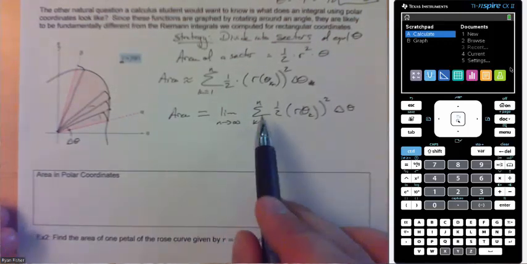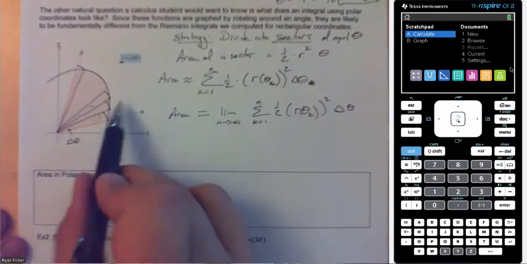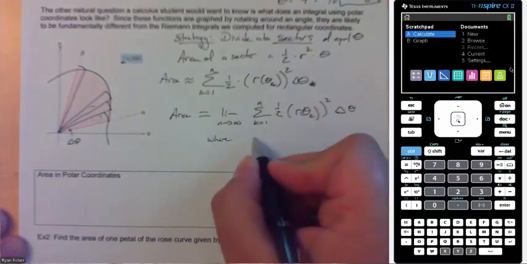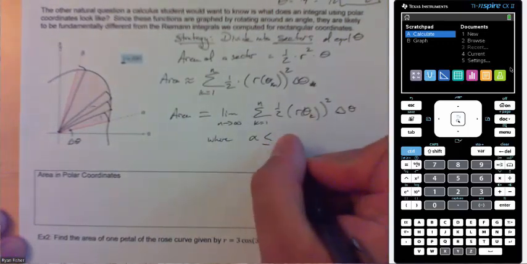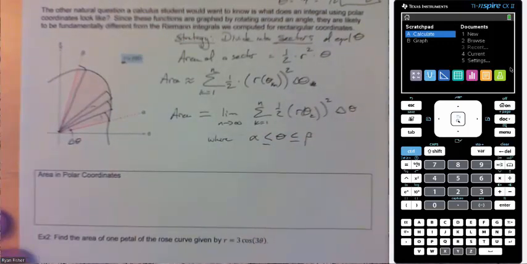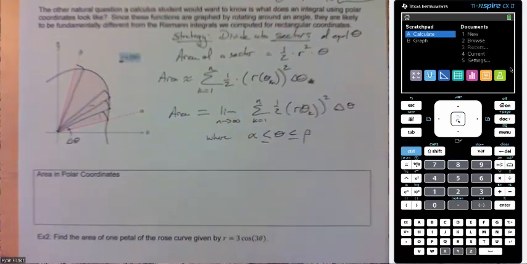This would be the definite integral over this entire region, where alpha is less than theta is less than beta.